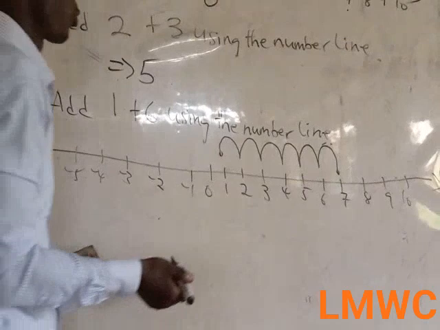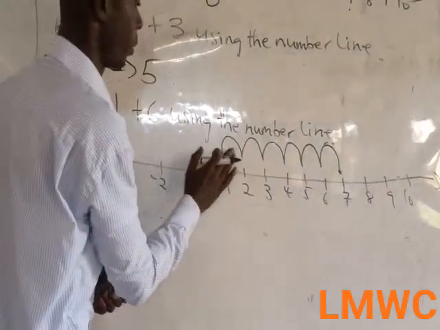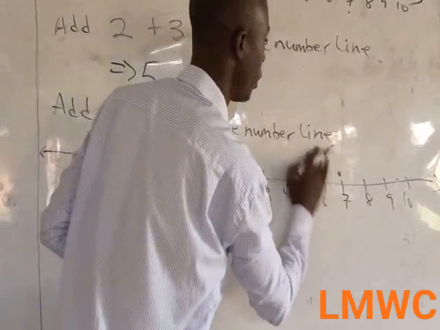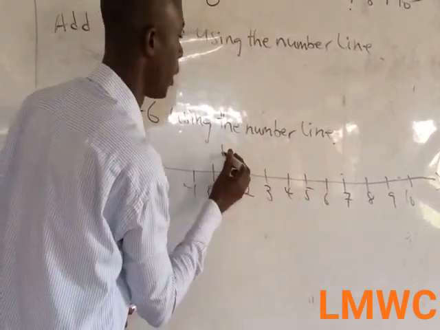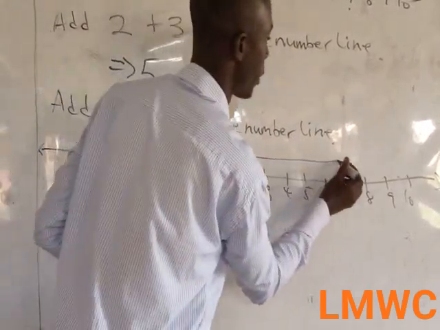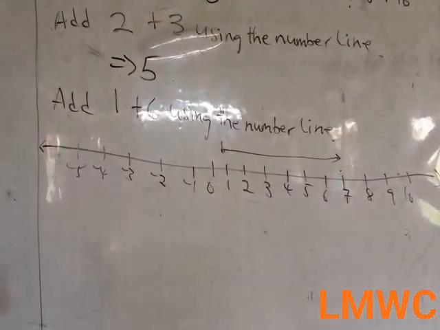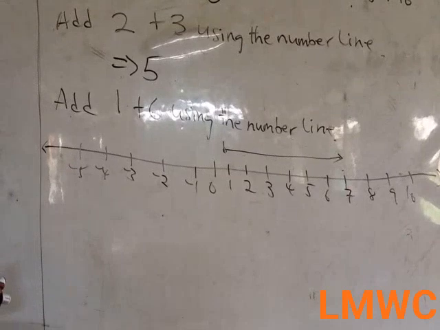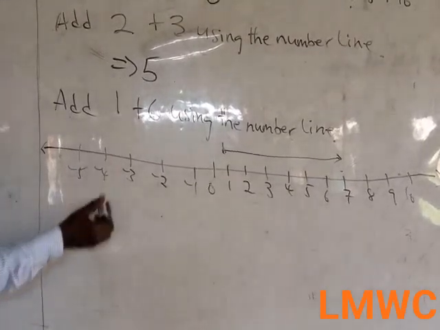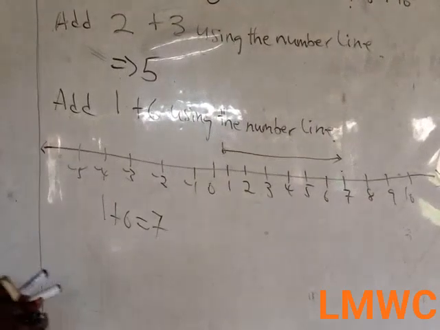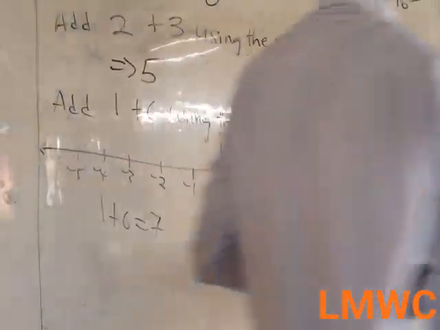Or you can use something like this, an arrow like this. This is also correct. So this means 1 plus 6, we are getting what? 7. Our answer is 7.